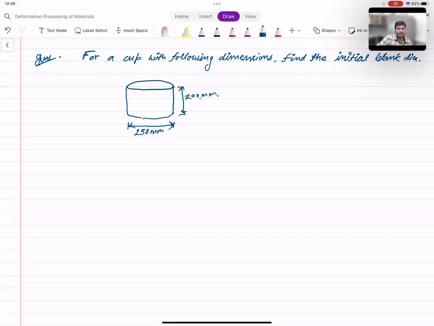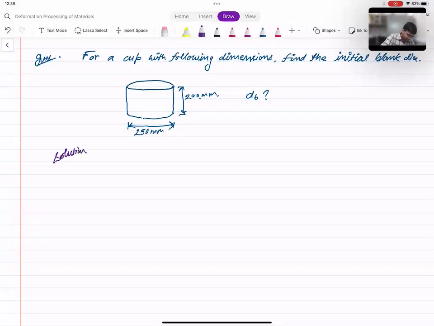Okay, now we need to find dB. So in the previous lecture, we had seen the relation between the diameters of blank and the diameter and height of this cup. Okay, so how, if you remember, how we got that? By equating the areas.